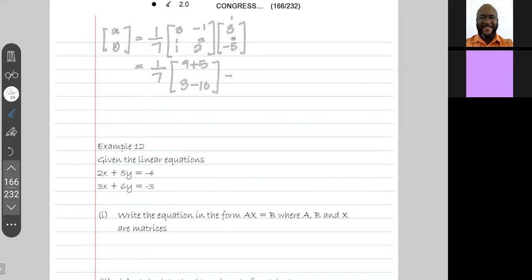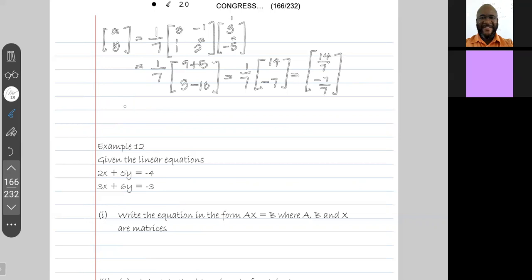So what we have here is 1/7 times the column matrix 14, minus 7. Now multiplying by 1/7 is the same as saying divide by 7. So this is 14 divided by 7, minus 7 divided by 7.